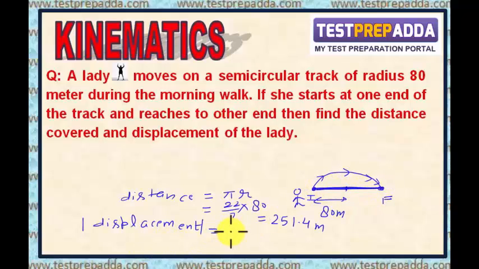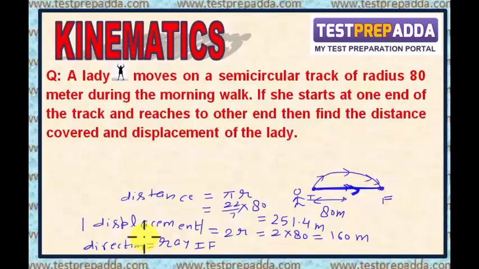So it will be 2r, which I will write as 2 into 80, and that comes as 160 meter. And what is the direction? Direction of the displacement is this, the direction of ray IF. This is the direction.